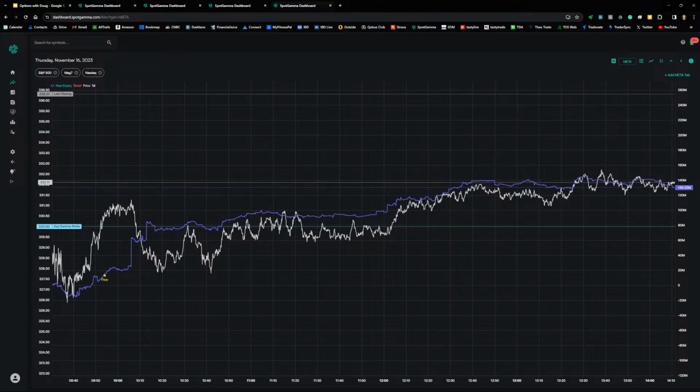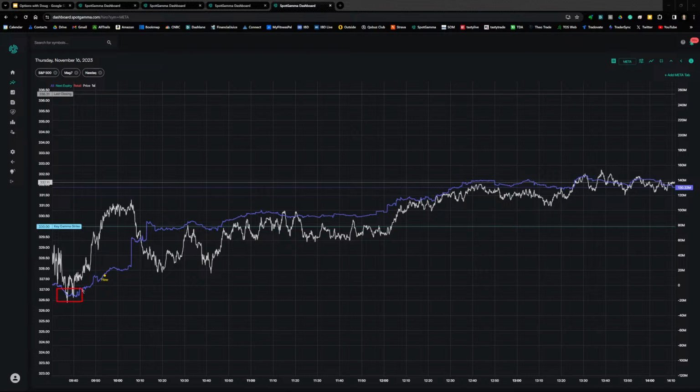So there was an aggressive long, not real clear here at 9:45 if you were just looking to get long, and really more of a divergence long entry at 10:20 and 10:45.